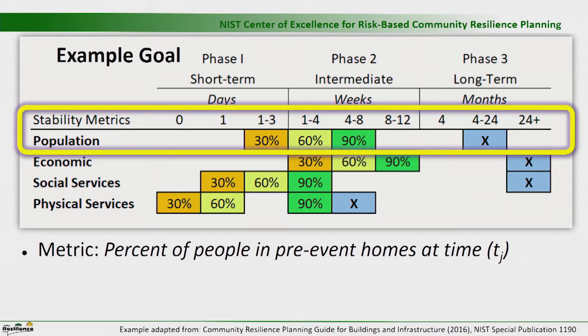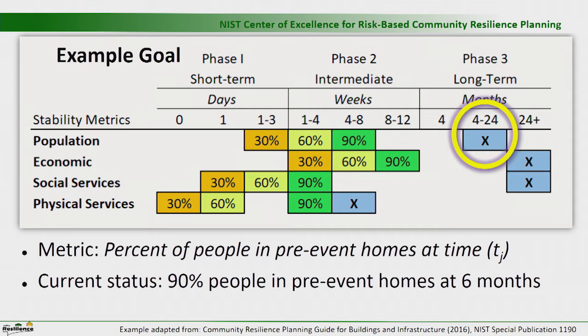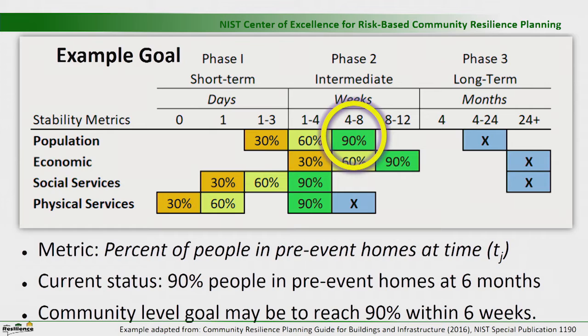Under the current state of the community, resources and plans that exist, IN-CORE may report that the percent of people in their pre-event homes does not reach 90% until 6 months after a disaster occurs. With this information, a community leader or researcher may determine that the goal should be 90% in their pre-event homes by week 6.